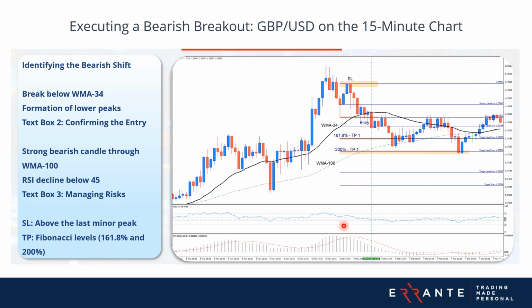The Relative Strength Index, or RSI, corroborates this move as it falls below the 45 level, indicating that the selling pressure is intensifying and the market may be entering a selling zone.